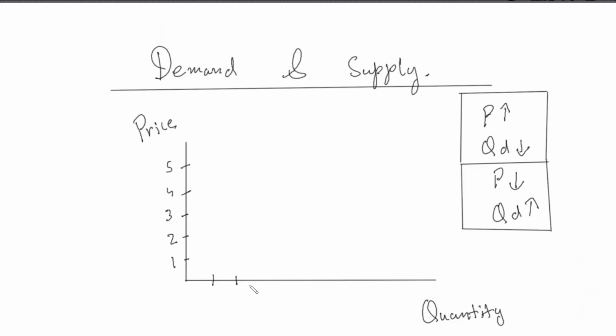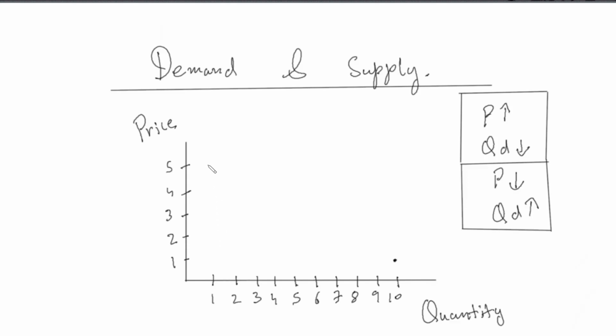1, 2, 3, 4, 5, 6, 7, 8, 9, 10. So what happens is that at $1, you can see 10 units could be demanded.